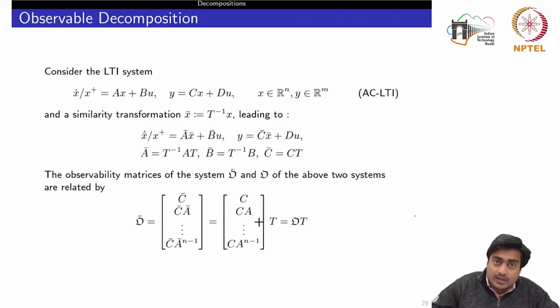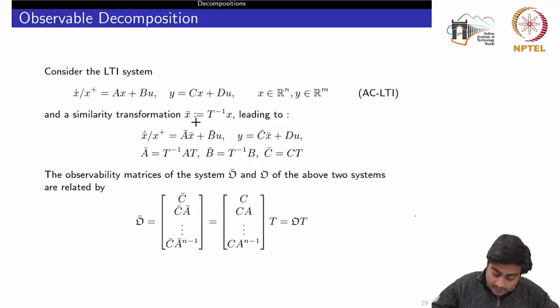If you recall that controllability is invariant under any similarity transformation, similarly it holds for observability. So O bar is related to O times T, where T is a similarity transformation matrix, so it is of full rank.